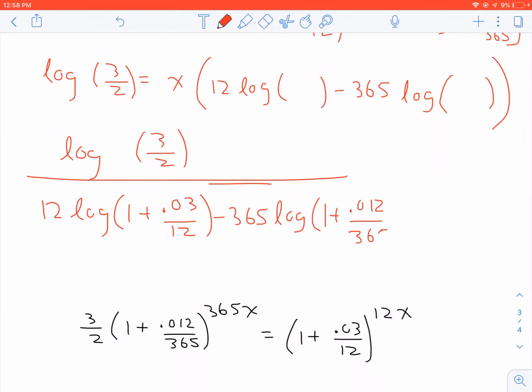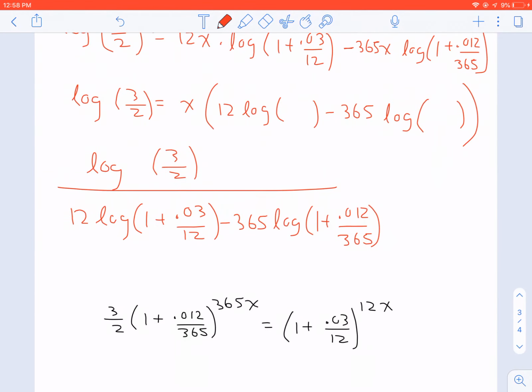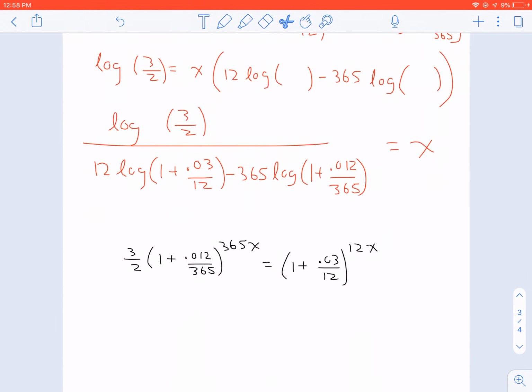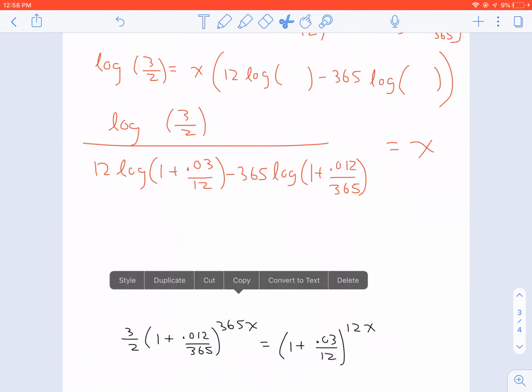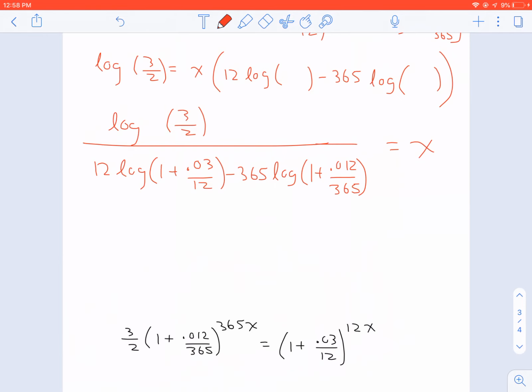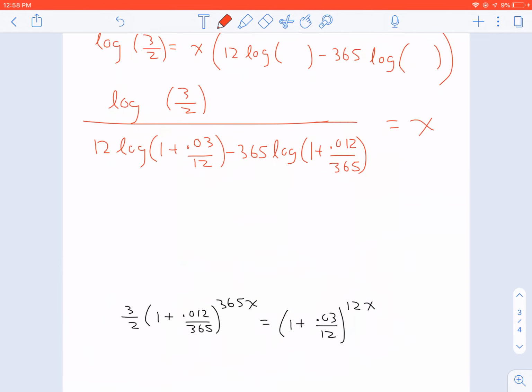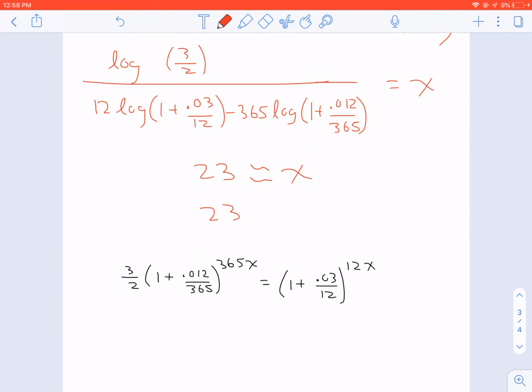And you would take that, type this massive expression into your calculator, and that is going to equal x, or t if I left it as a t. And when you type that in, you get 22 point something, and it rounds to 23. Alright, so that is 23 years is when those two accounts would have the same amount of money.